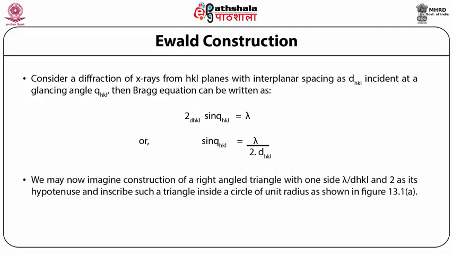We may now imagine construction of a right-angled triangle with one side lambda by d HKL and 2 as its hypotenuse, and inscribe such a triangle inside a circle of unit radius as is shown in figure 13.1a.